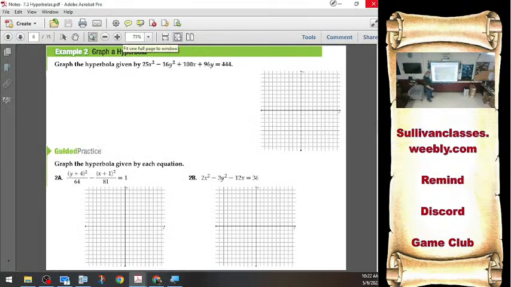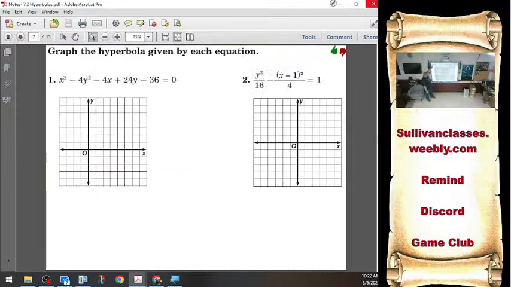Y'all seem to be doing quite a bit better than first hour with these. So cross this out. I'd rather you did this one. Okay? I'd rather you did this one. The 2B had only one complete the square on it.